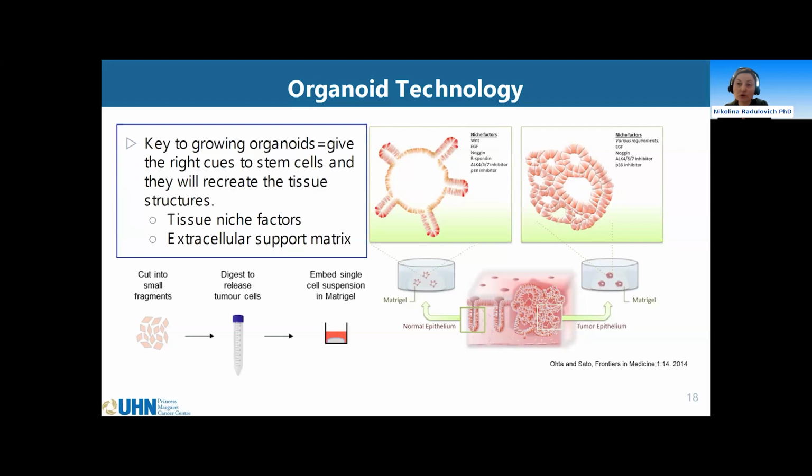For instance, with colorectal and pancreatic organoids, we need to activate Wnt signaling, EGF signaling, and FGF signaling. It also needs the extracellular support matrix, such as the basement membrane, which is the Matrigel mixture that supports the formation of these structures.